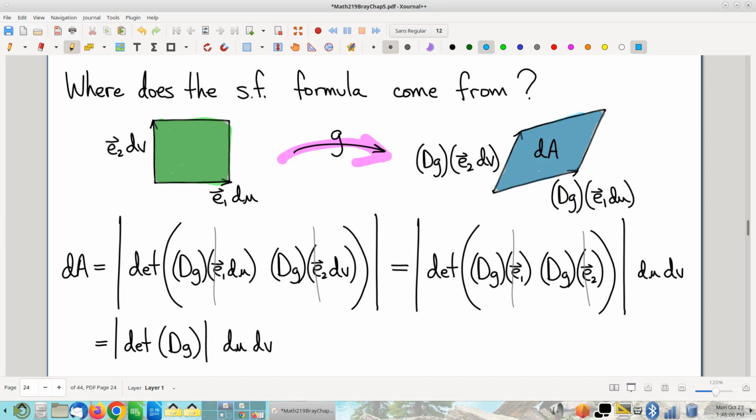So we want to figure out how to find what that factor is. I'm going to get my foot in the door on that by just directly computing this blue area. And in order to compute that blue area, I'm going to need to know what that vector is and what that vector is.